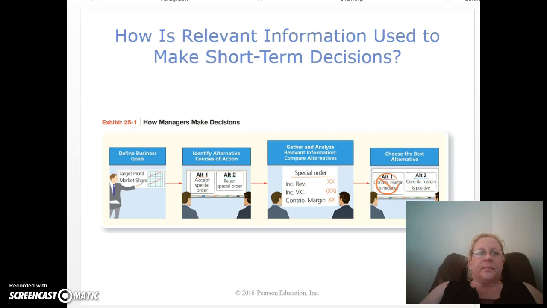Before we look at some typical short-term decisions in detail, let's consider a manager's decision-making process and the information managers need to evaluate their options. This exhibit illustrates how managers make decisions among alternative courses of action. Managerial accountants help with the third step, which is gathering and analyzing relevant information to compare alternatives.